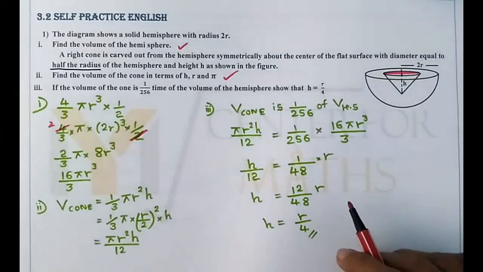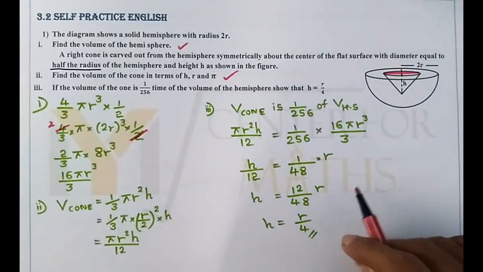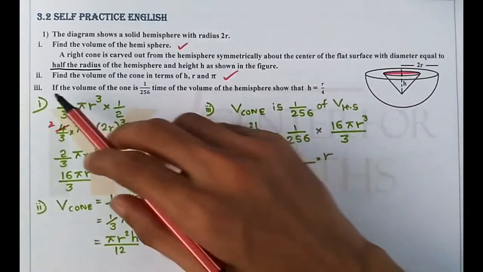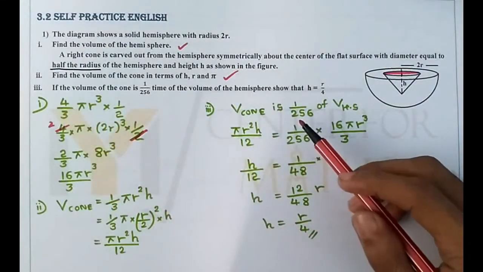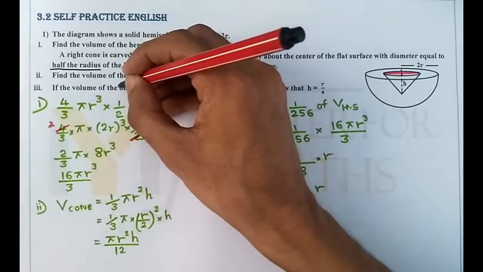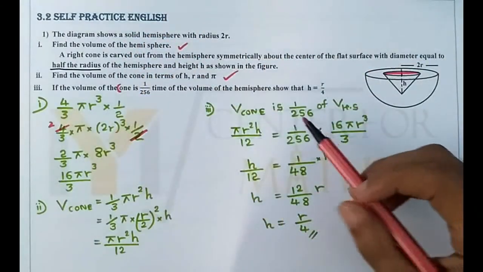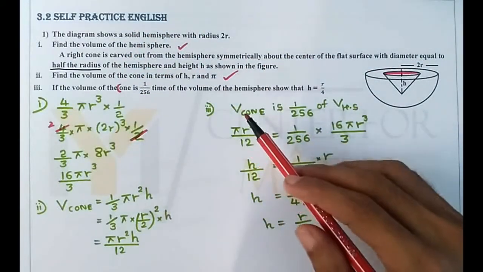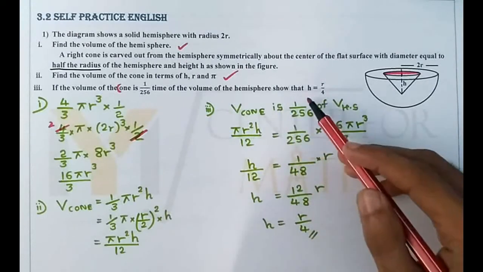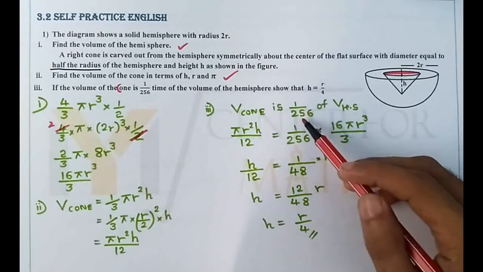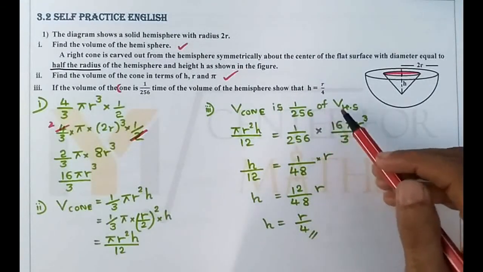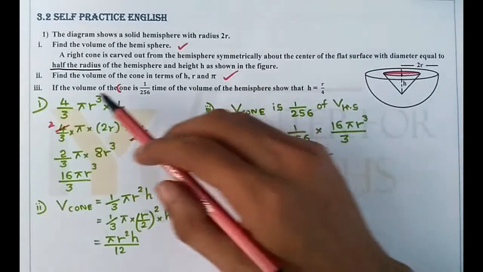And now they are asking us to prove something. We'll read that slowly. If the volume of the cone is 1 over 256 of the volume of the hemisphere. That's what they have said, right?